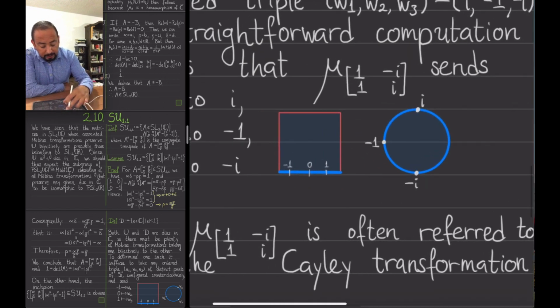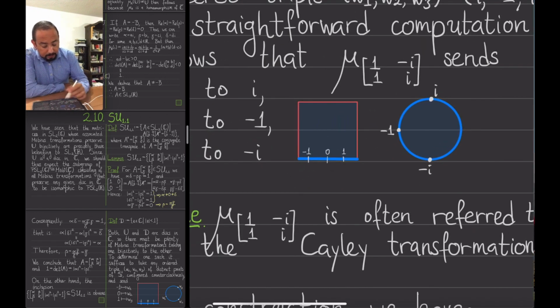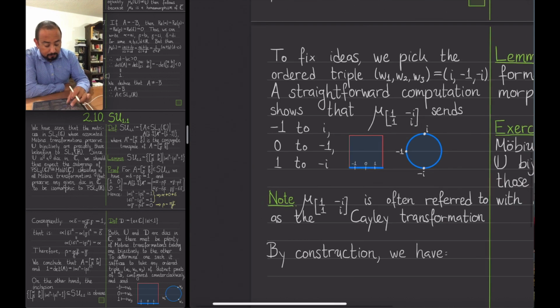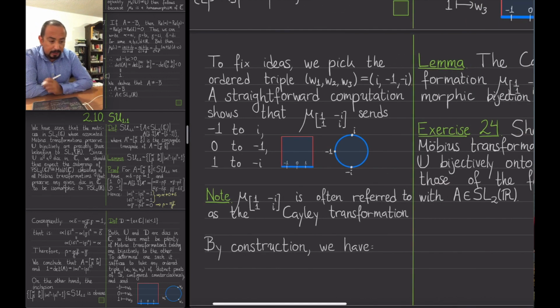Now, how to find it? Well, one can just start playing with some arithmetic games. For instance, first send this to 0, 1, infinity, and then 0, 1, infinity to i, -1, -i.